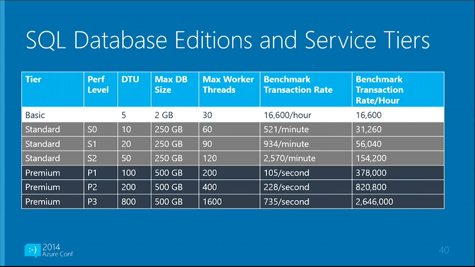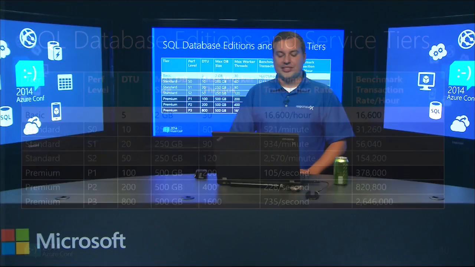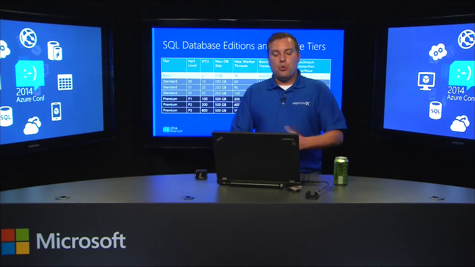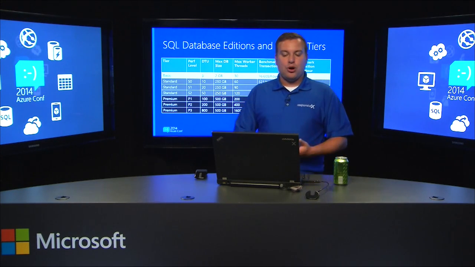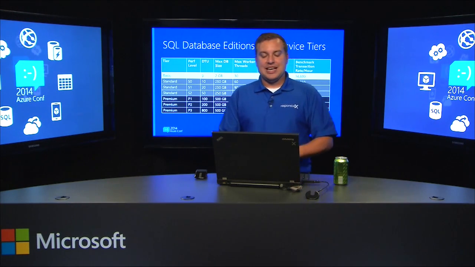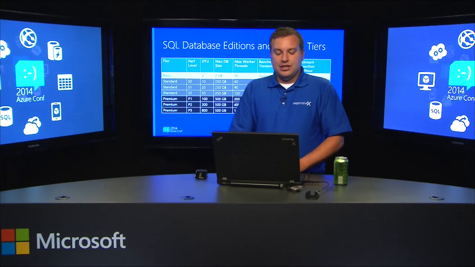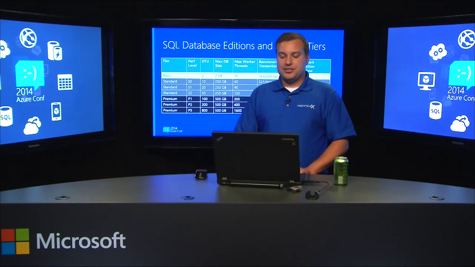Before, in Web and Business Edition, we paid for the amount of storage we had, the size of our SQL database. Now with these new SQL database editions, these new service tiers, we get up to a max DB size, but we don't pay for the size. We just get that. That's part of the resources that are dedicated and carved out for us. And so in Basic, we get up to 2 gigs.